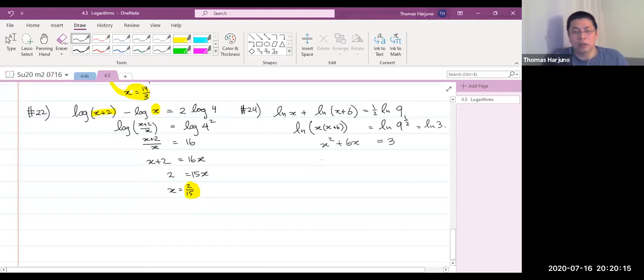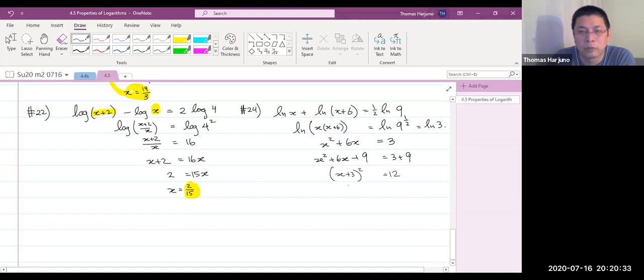Now that's a quadratic equation. I don't think this is factorable, but I can just go ahead with completing the square. So I will have x squared plus 6x plus 9 equals 3 plus 9. So (x + 3) squared equals 12. x plus 3 equals plus or minus square root of 12. We did this kind of question before.